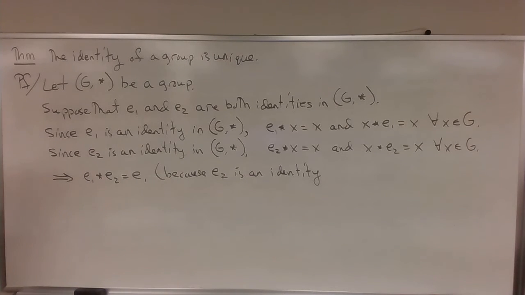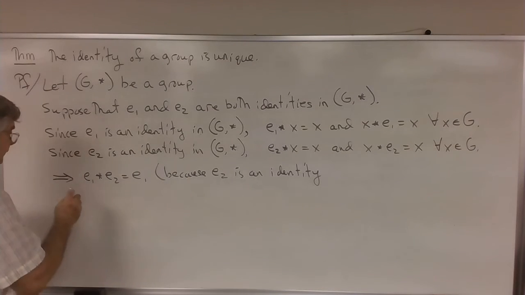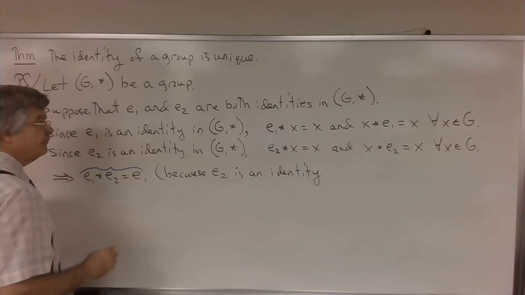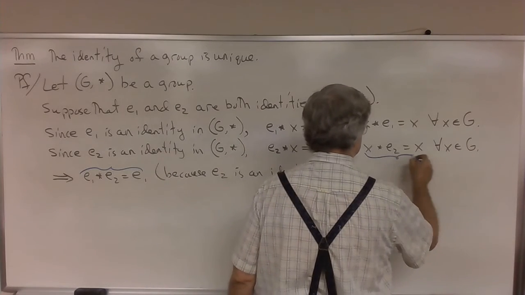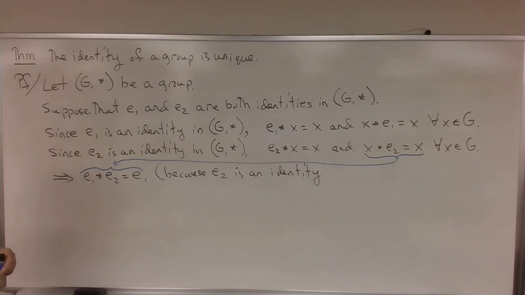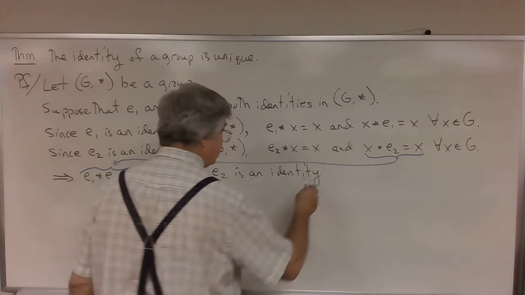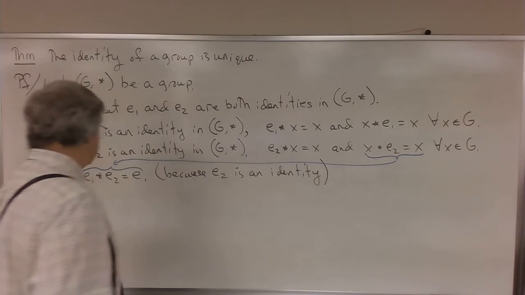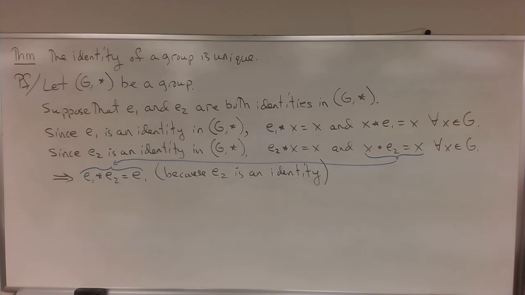Okay. And what did we use to justify this? E1 is our x here. x times E2 is equal to x because E2 is an identity. Okay. Now let's do the same thing all over again.